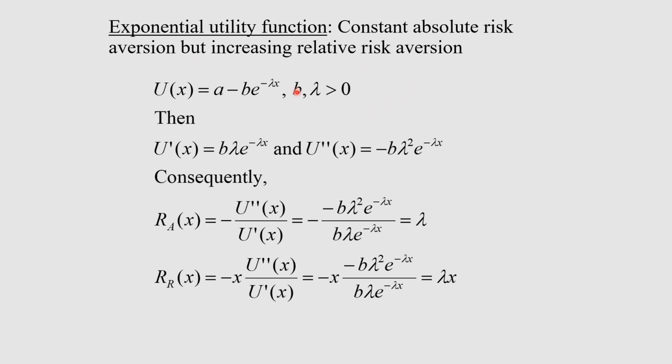In this case, U of X is equal to A minus B e to the minus lambda X, where B and lambda are both positive. The first derivative is given by this, and the second derivative by this. Then we can again calculate the absolute risk aversion parameter as lambda, and the relative one as lambda times X.